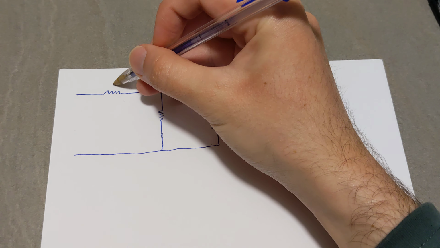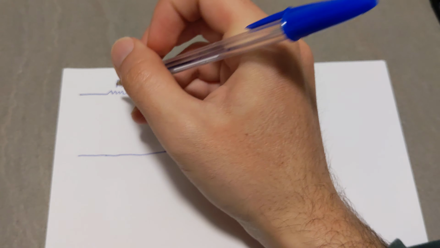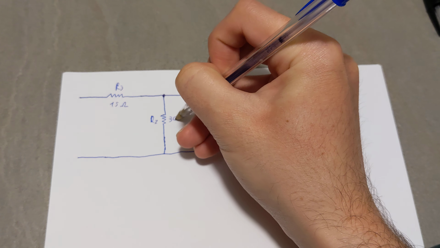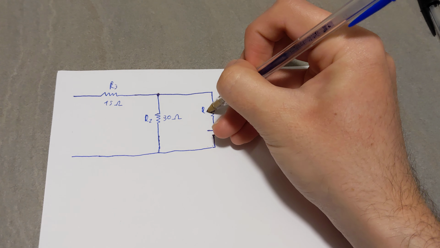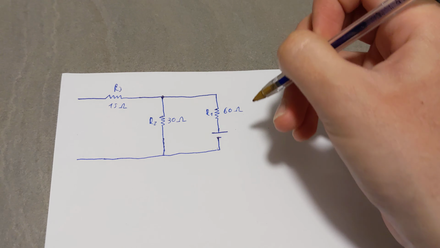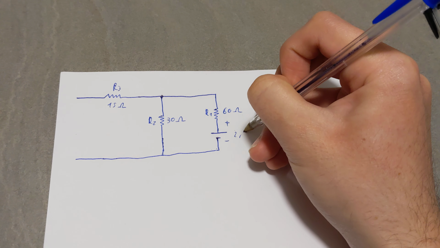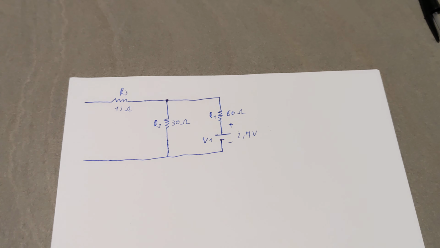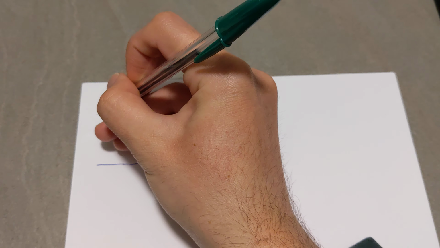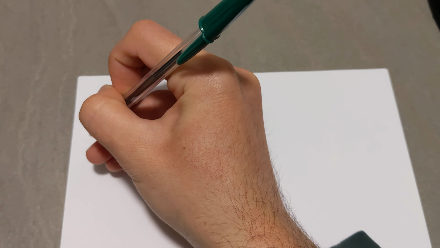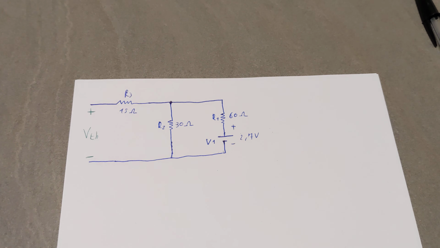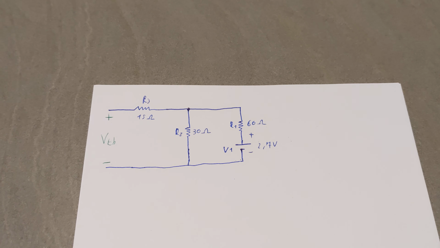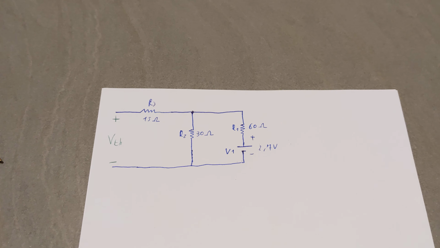I'm gonna have R3, which is 15 ohm, R2, which is 30 ohm, R1, which is, I don't know, 60 ohm, and then plus minus 2.7 volts, which is our V1, our power supply. Now, what I want to know is the Thevenin voltage across here, this part of the circuit. Now, we're going to calculate it.